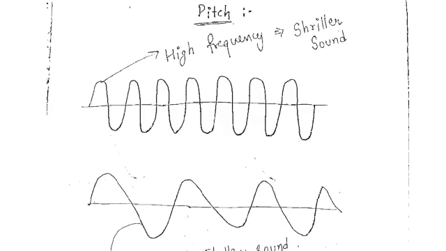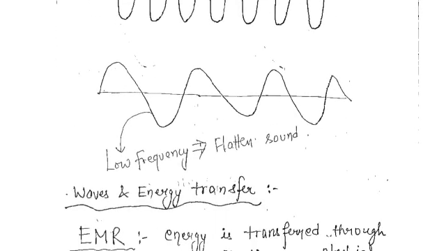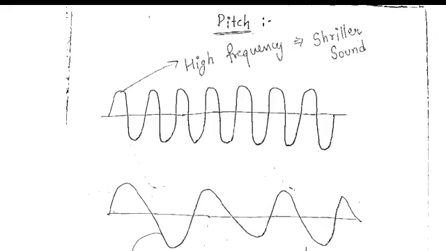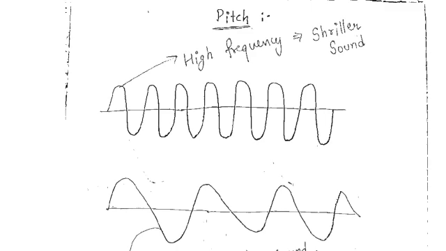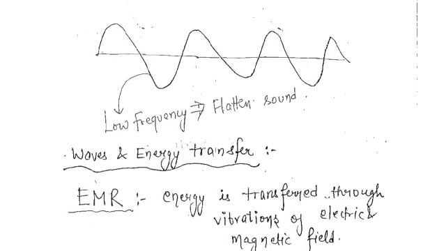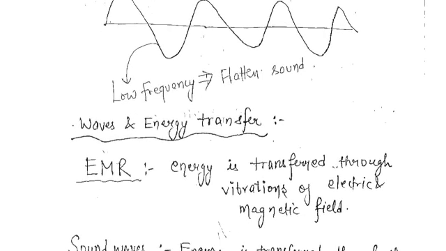So this change is very fast, while in high wavelength or say low frequency it is very slow. A high frequency wave we call a shriller sound. The pitch I am talking about has the same amplitude. Here the variation is in terms of frequency, high or low. High frequency will sound shriller, but low frequency will sound flatter.